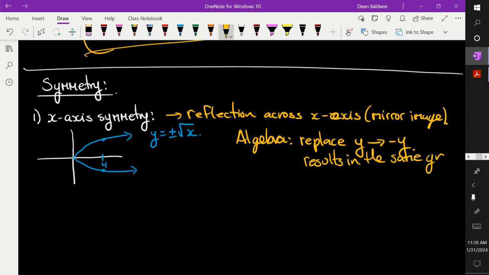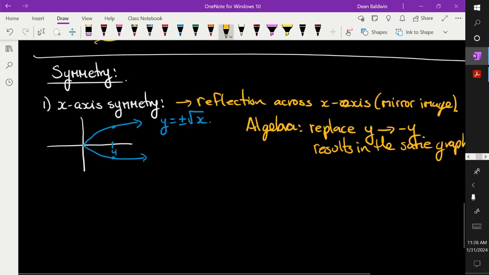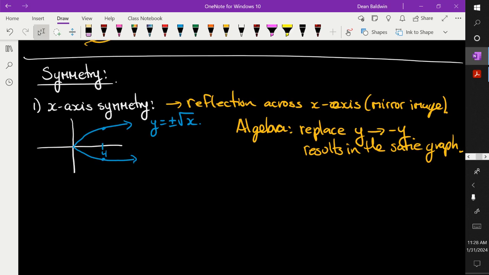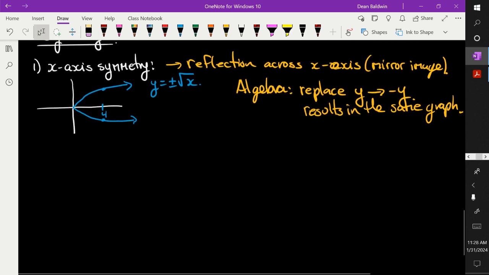That is x-axis symmetry. If you can change the y values by putting a negative in there and you generate the same exact graph, that's x-axis symmetry. Okay? Then there's also y-axis symmetry.